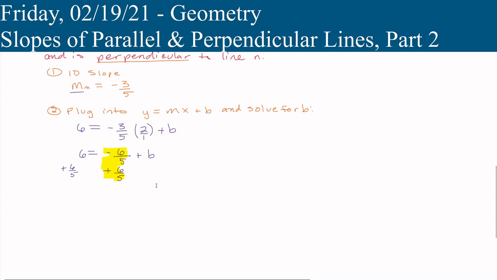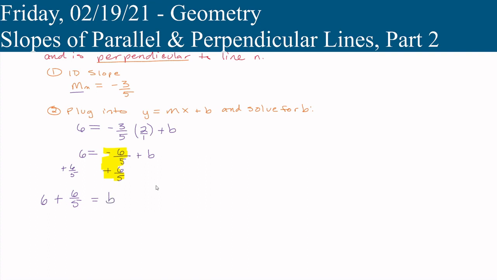We got some room now. Okay, so I've added 6 over 5 to both sides. I'm actually going to rewrite that. It's still the same thing, but I'm rewriting it. Equals b. We're almost there. We just had to solve for this.